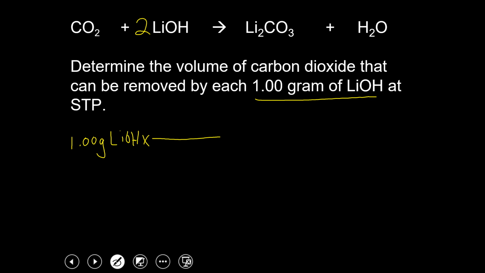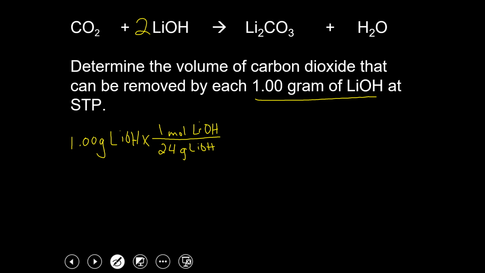If you remember from the stoichiometry unit, you would add up what LiOH weighs. Oxygen 16, hydrogen is 1, so that's 17, plus 7 for the lithium. So 24 grams of lithium hydroxide in a mole of lithium hydroxide.